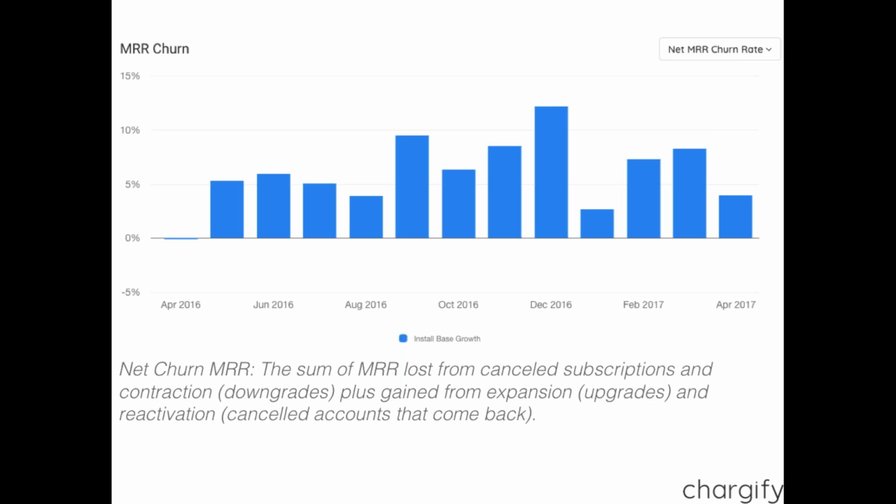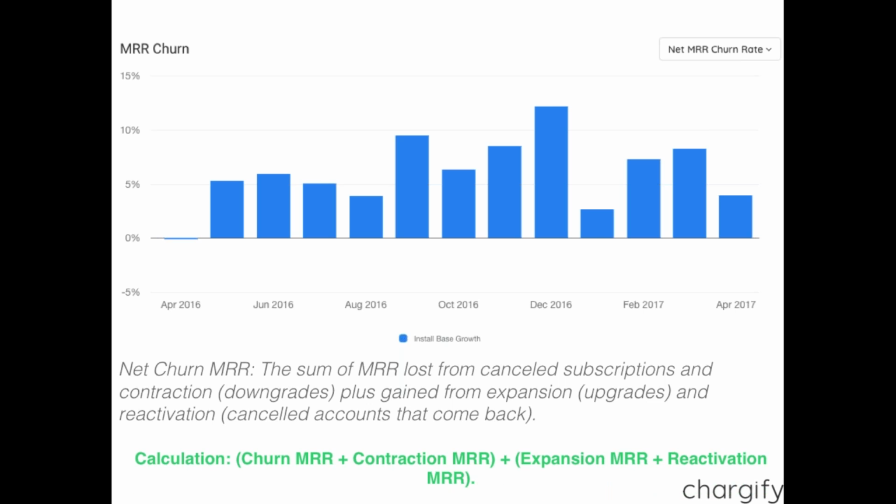Your gain is the same as if the customers didn't make any change on their part. And also the reactivation as well. These are the canceled accounts that come back. A customer cancels, maybe they come back 3 months later and reactivate their account. So just a breakdown of how that's calculated: that's your churn MRR and your contraction MRR, which is also added to your expansion and your reactivation MRR.